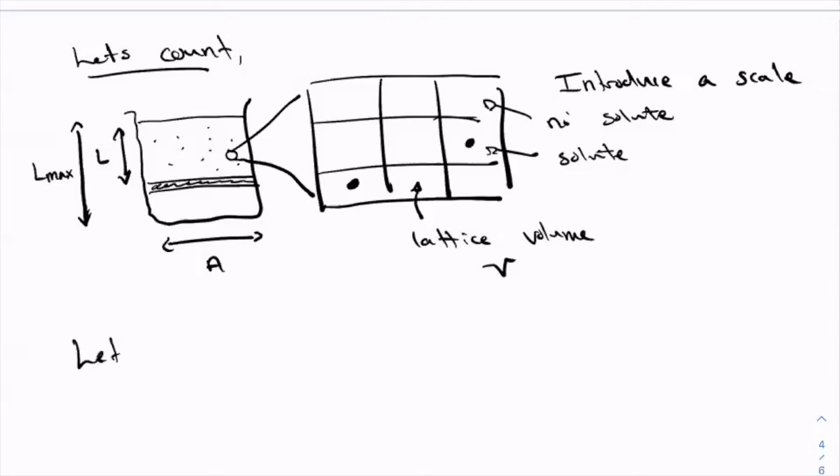Let's let M be the number of cells, which, if they each have a volume little v, is just the total volume A times L divided by little v, not to be confused with nu. The number of ways that I can arrange one solute in those M cells, so how many boxes can I put one solute in if I have M boxes?